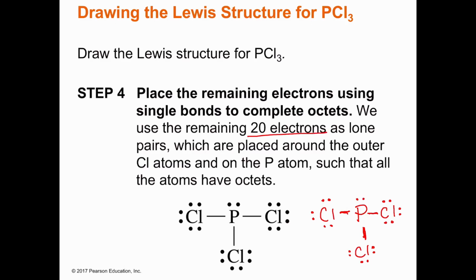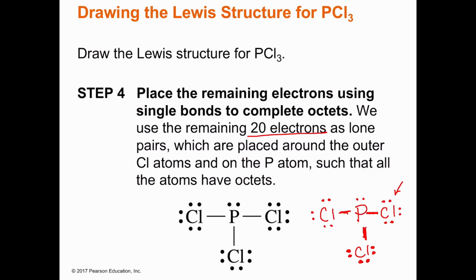Now we go through and make sure: do all of the atoms have an octet? The chlorine on the right has 1, 2, 3, 4, 5, 6, and then 7, 8. Remember, there are 2 electrons in the bond, so that one has 8 valence electrons. The chlorine on the bottom has 2, 4, 6, 8.